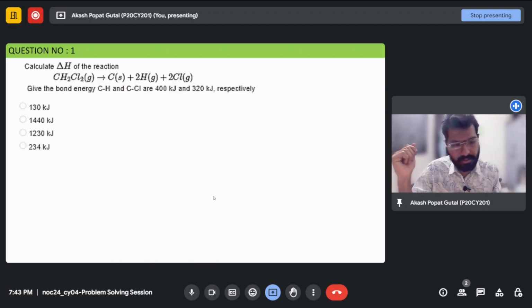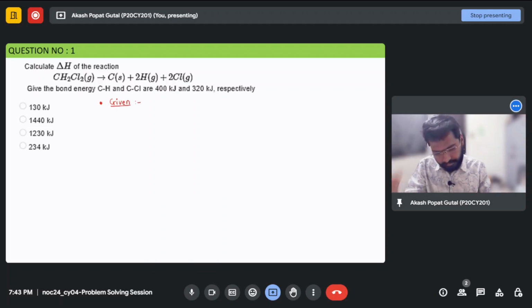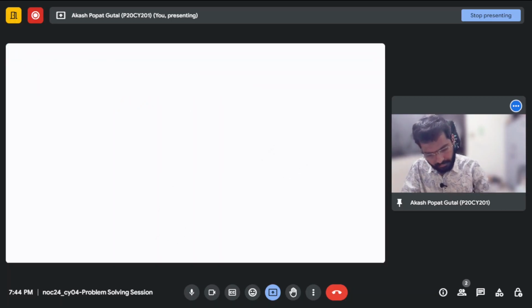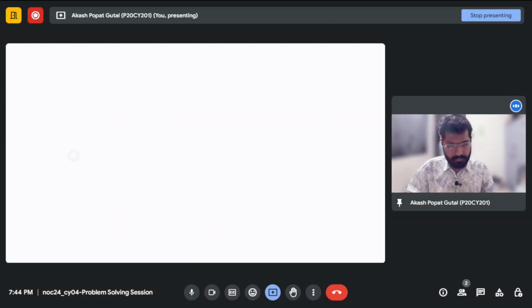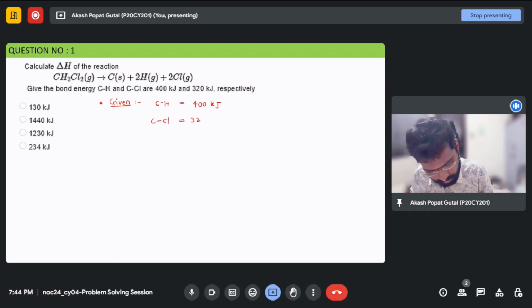So we'll first take out the given things. The bond energy of C-H is 400 kilojoule, and the bond energy of C-Cl is 320 kilojoule.